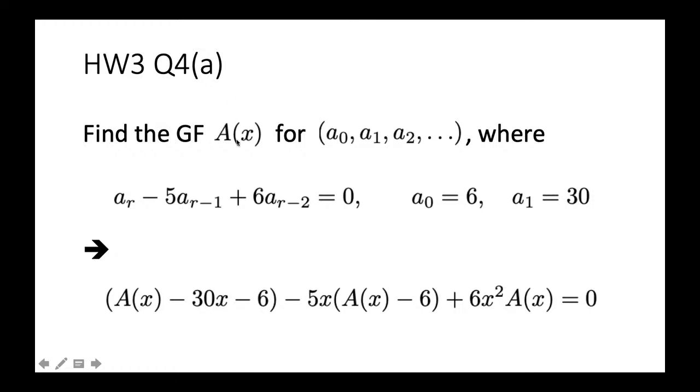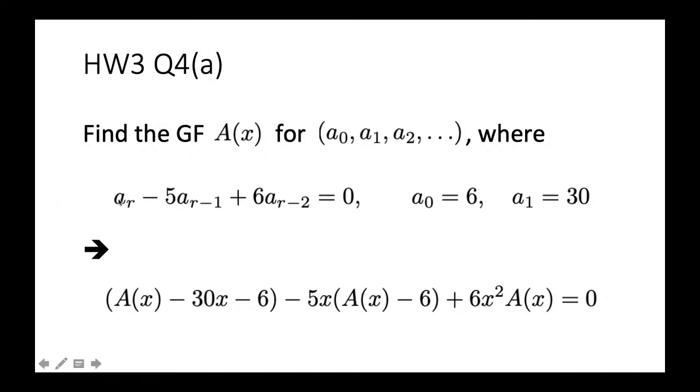So we let A(X) be the generating function for the terms A0, A1, A2, and the relationship of AR is like this. This is a brute force procedure.